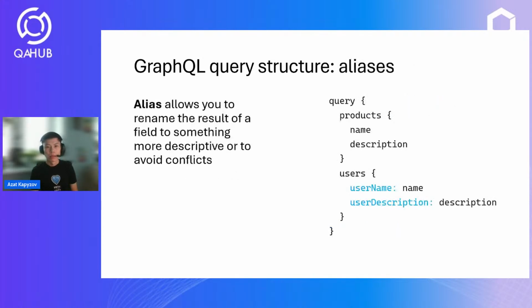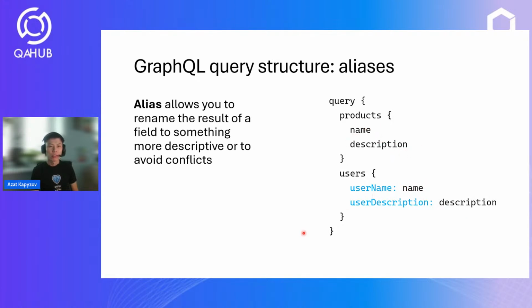Okay, so the next thing is aliases. An alias allows you to rename the result of a field to something more descriptive or to avoid conflicts. Let's say we want to retrieve data for products and for users, but both objects have fields that share the same name, like the name field and description field.